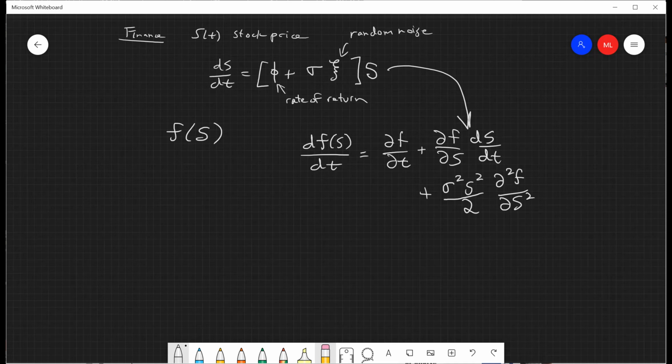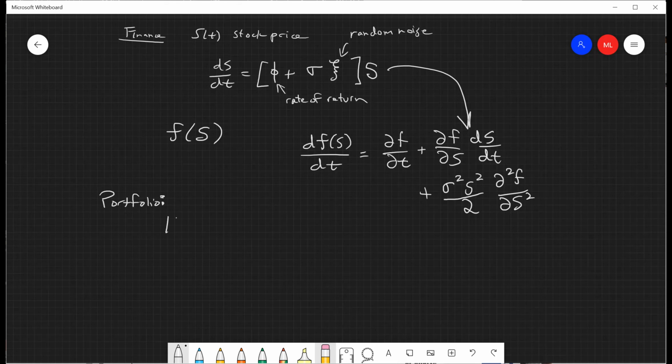So what do we do? A typical kind of thing to do, what is a typical financial instrument? It could be a portfolio. A portfolio that consists of the stock and maybe an option.